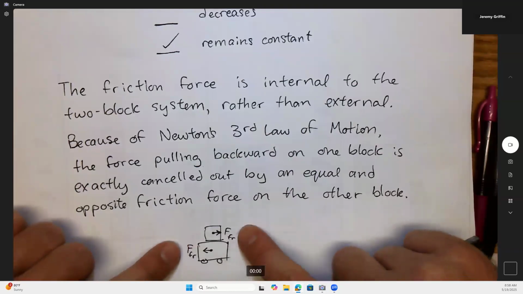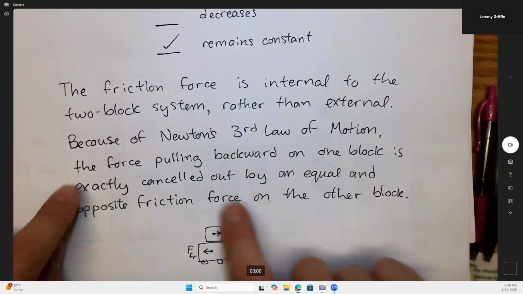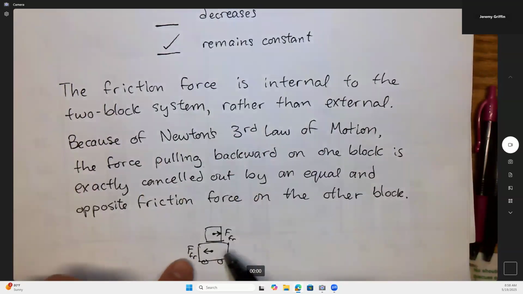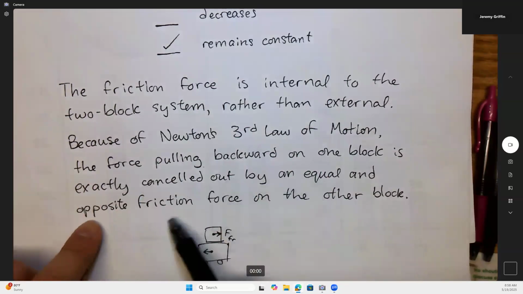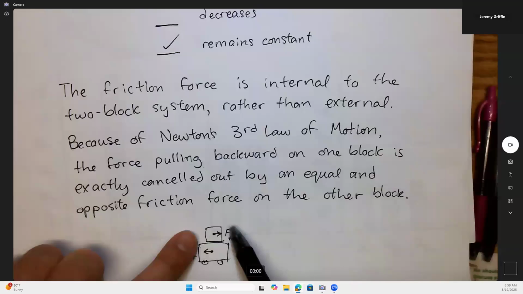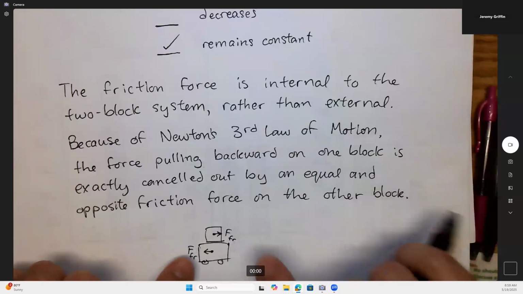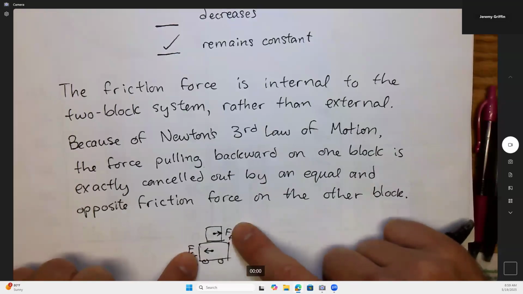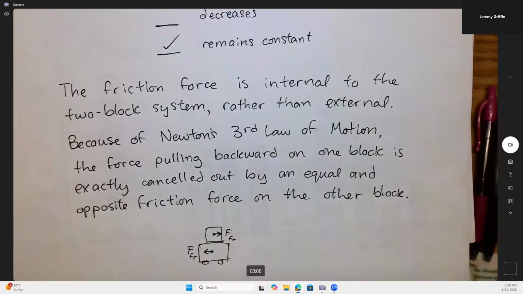The friction force is horizontal, but it's internal to the system. It's just holding everything together. Because of Newton's third law of motion, the force pulling backward on one block, say the cart on the bottom, is exactly canceled out by an equal and opposite friction force on the other block, the top block, which would pull it forward. These two friction forces, one on the bottom block and one on the top block, are both internal to the system and they exactly cancel each other out. So there's no net effect.